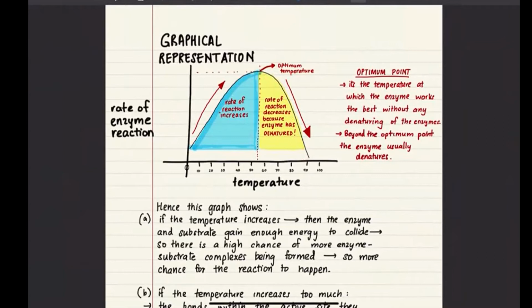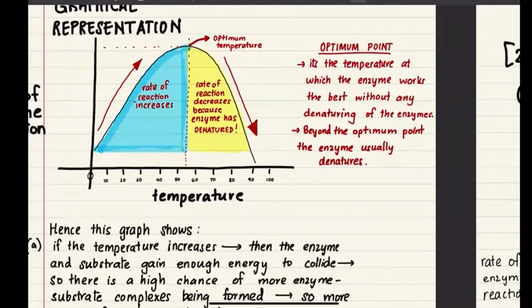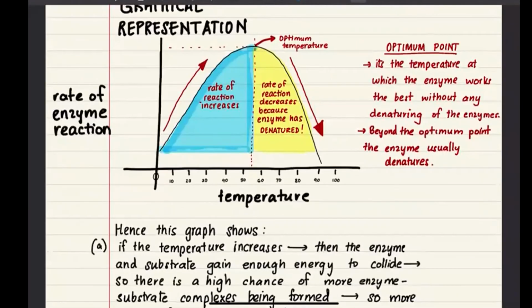The optimum temperature is basically the maximum point at which the enzyme works the best without denaturing the enzyme's active site. So if it goes beyond the optimum temperature, then the enzyme is going to denature, as we can see over here. It's going to denature and the reaction is going to decrease.